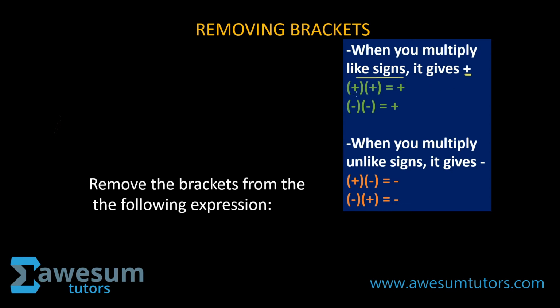What we mean is that when you multiply positive by another positive, those are like signs, it gives you positive. When you multiply negative by negative, they are like signs, it also still gives you positive. So when you have like signs multiplying each other gives you positive.